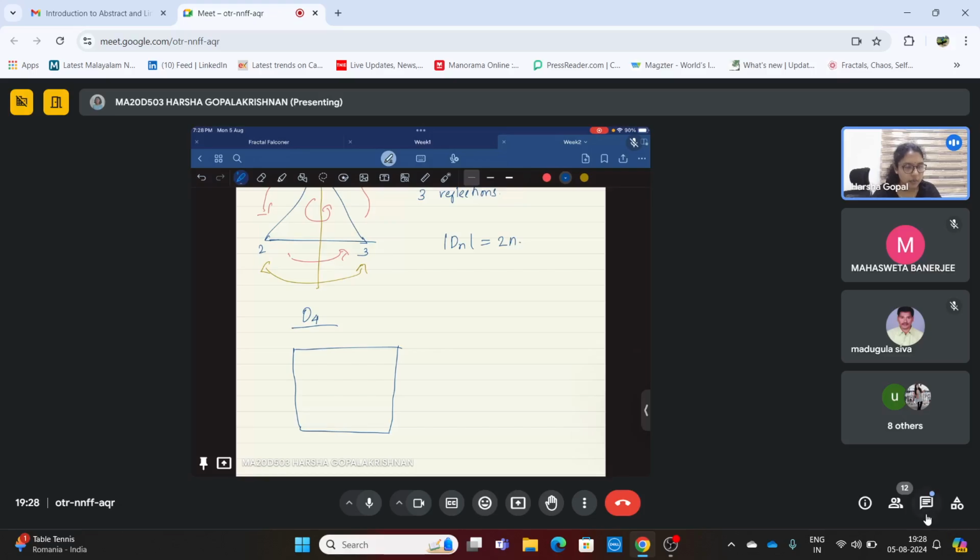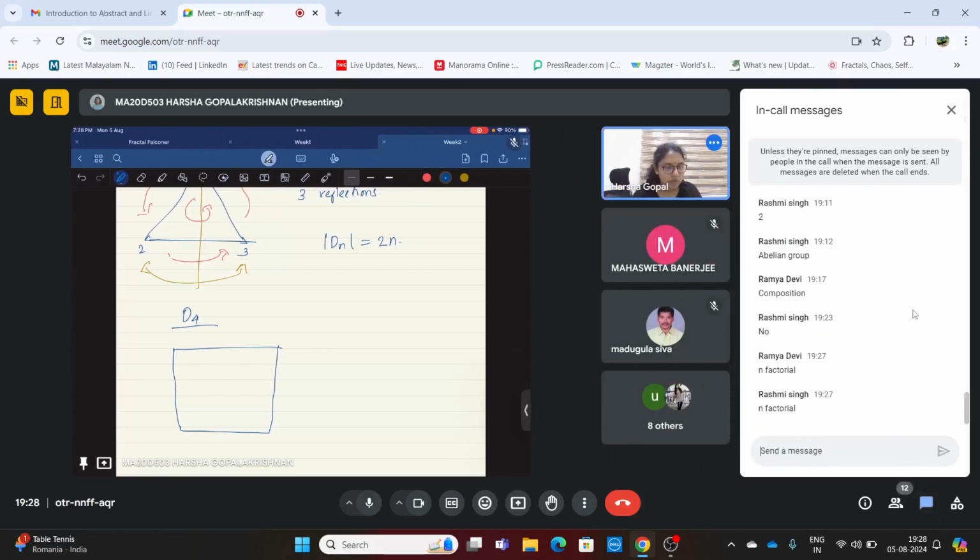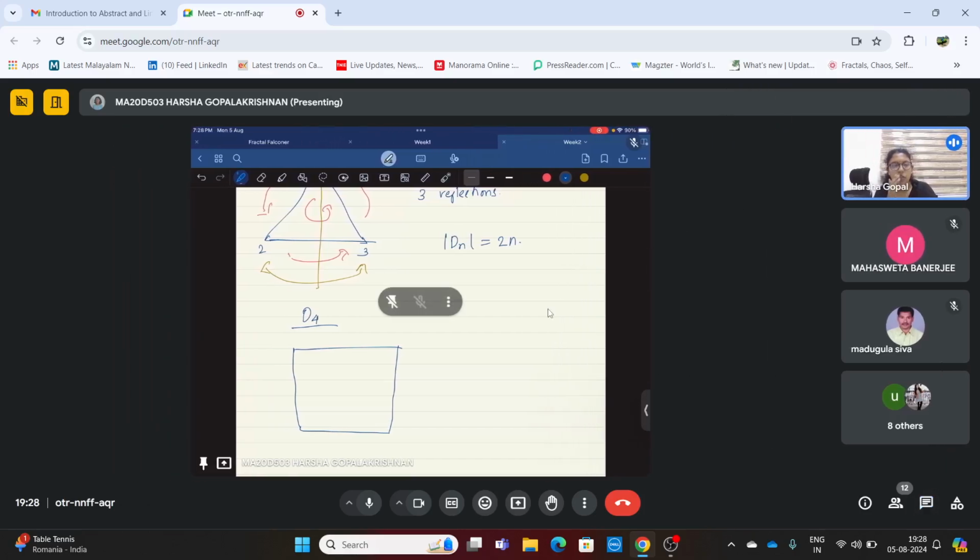Since it is 4-sided, we have 4 rotations. If I write it as 1, 2, 3, 4, then 1 goes to 2, 2 goes to 3, 3 goes to 4, 4 goes to 1. In the same way, rotating one more time I get another one, so I have 4 kinds of rotation.